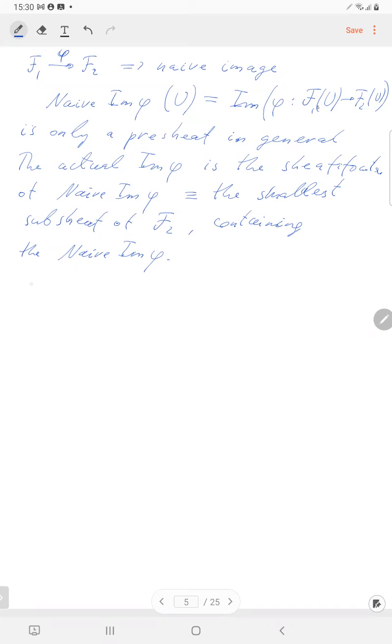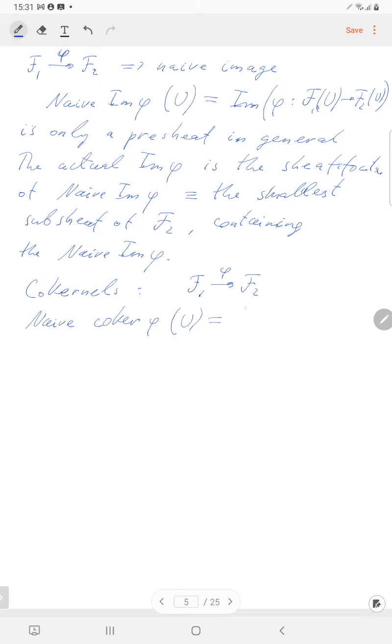Maybe let me also say about cokernels, but I essentially just repeat what I said. We have the same map from F1 to F2, and I have a naive quotient, so the naive cokernel of phi.